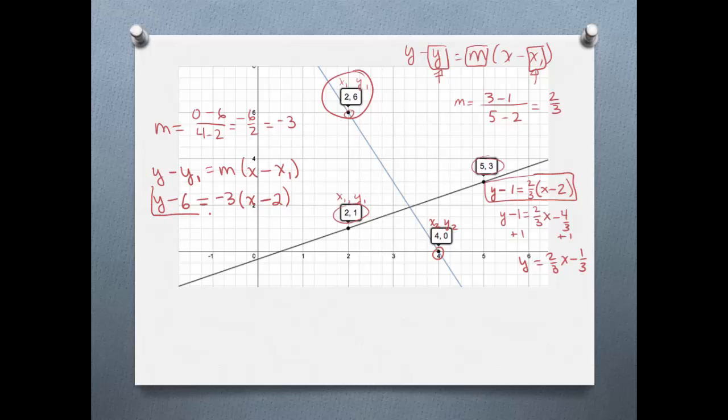So that's the point-slope form, and if I want to solve it for y, I get y minus 6 equals negative 3x plus 6. And then if I add 6 to both sides, I get y equals negative 3x plus 12.